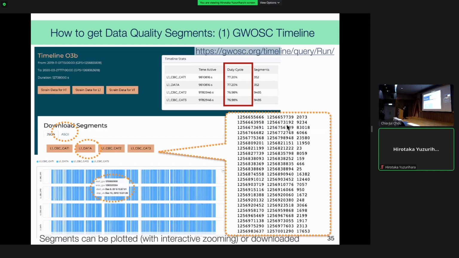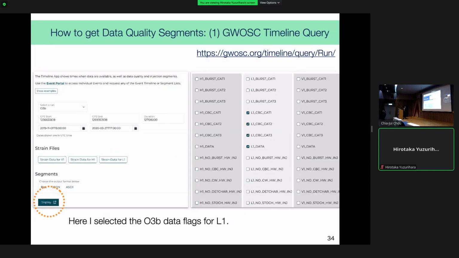In my understanding, the online search should finish very quickly, so maybe they use very basic data quality information, for example, whether the data is in science mode or not. So for the offline search, did they use more refined data quality? Yes, and this kind of data quality depends on a case-by-case basis. Okay, thank you.